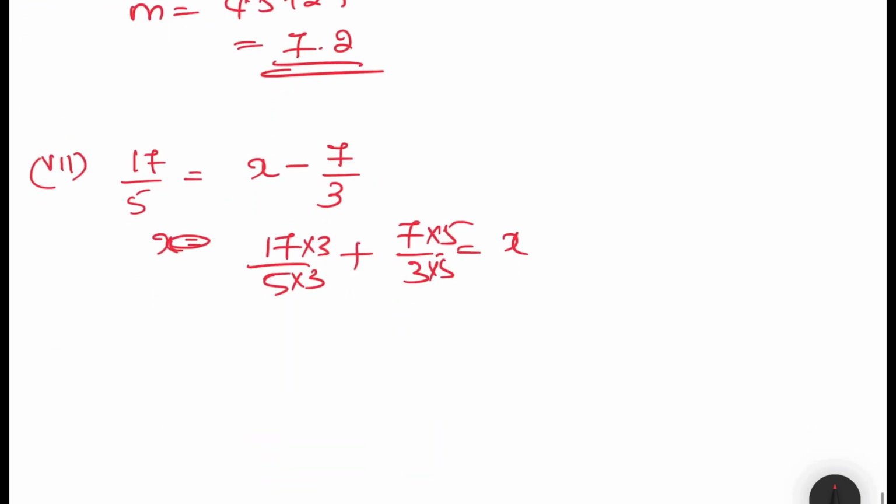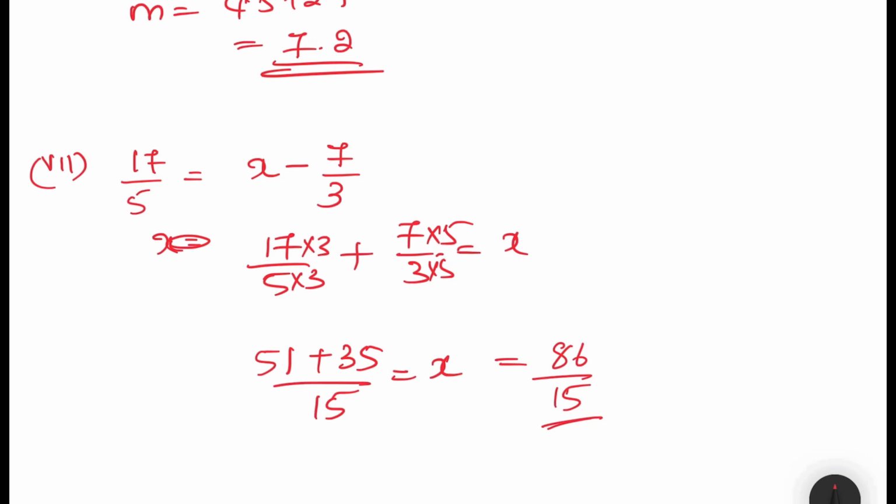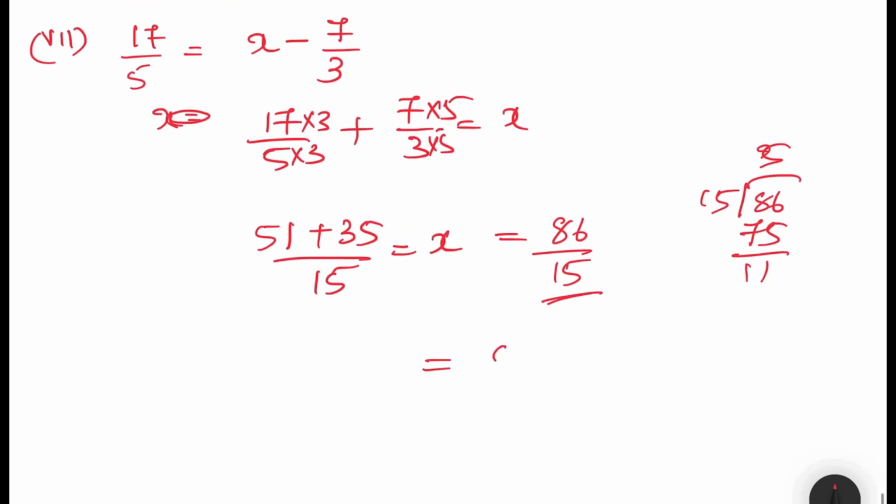So what do you get? 17 3s are 51 plus 35 by 15 equal to x. 51 plus 35 will give you 86 by 15. 86 by 15 will give you how much? 3 5s are 75. So your answer is 5 11 by 15.